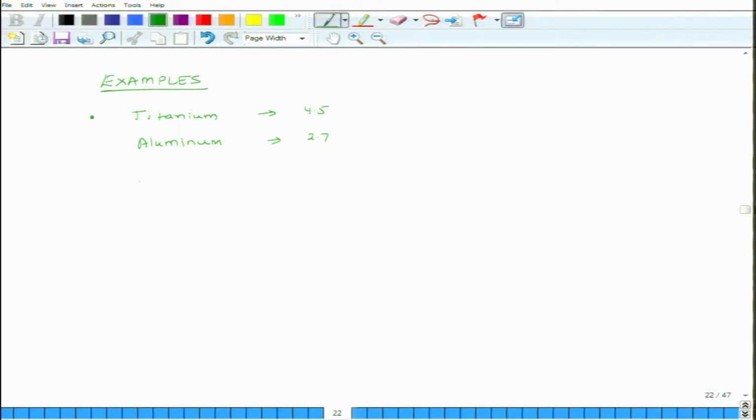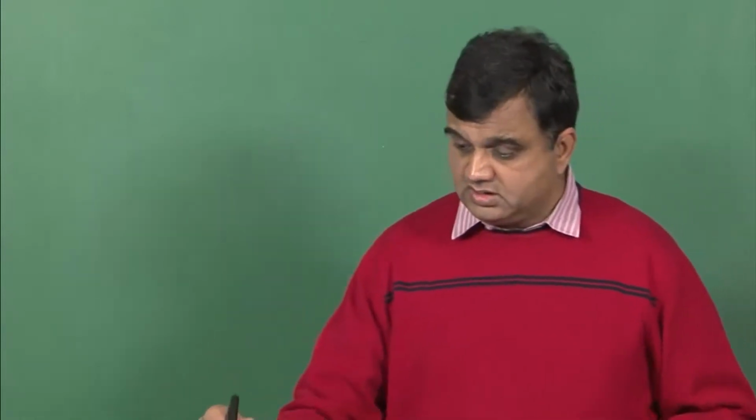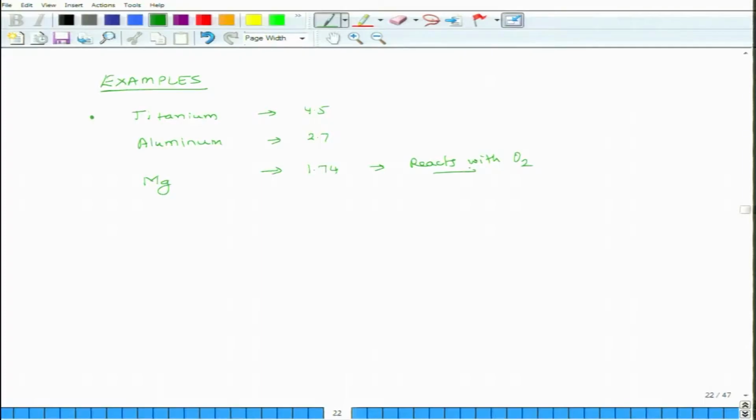We also have magnesium, and the density of magnesium is actually pretty low, 1.74, but it has a problem: it reacts with oxygen, and even if you heat it a little bit, it burns very fast and the whole structure can start burning. So, this is a limitation.